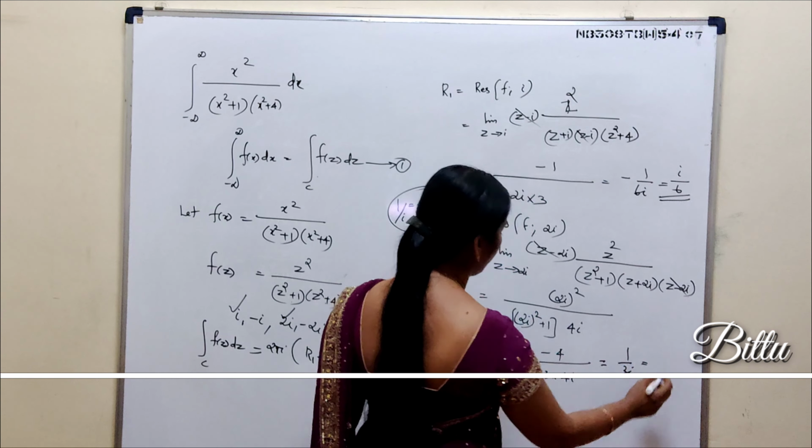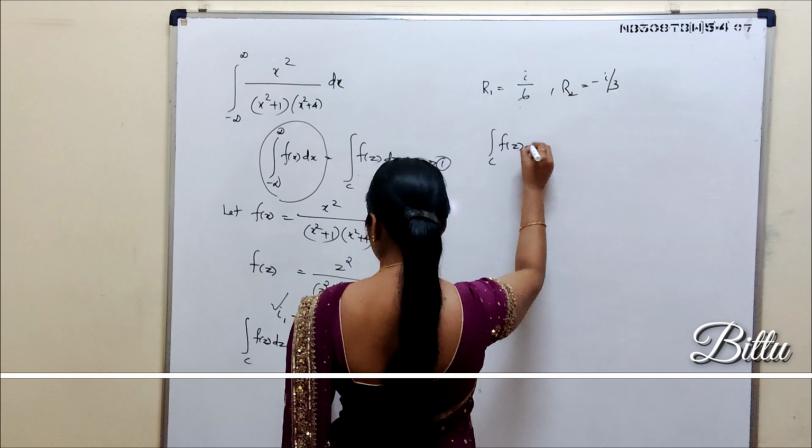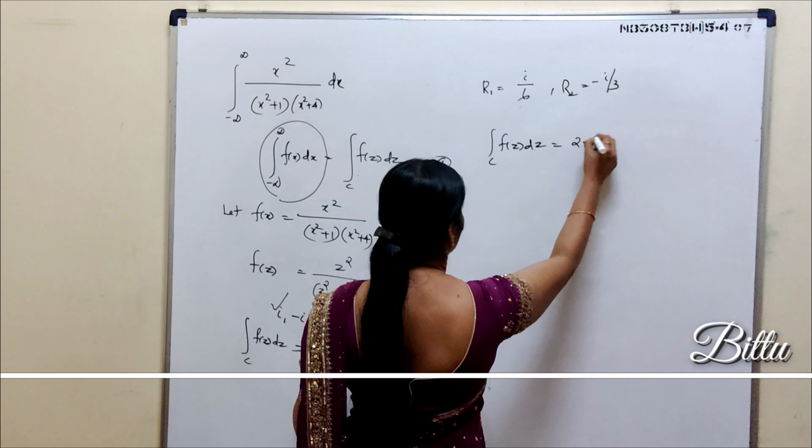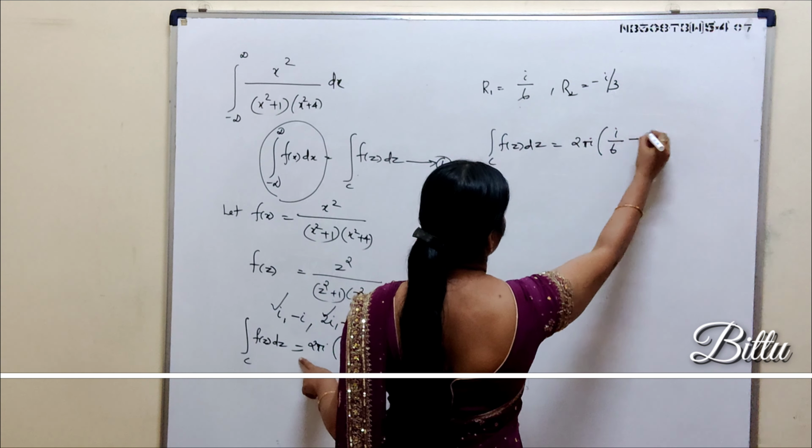You put these values in equation number 2. The integral over C of f(z) dz is 2 pi i into (i by 6 minus i by 3). You take LCM here, it is 6. So it is (i minus 2i), that is 2 pi i into minus i by 6.